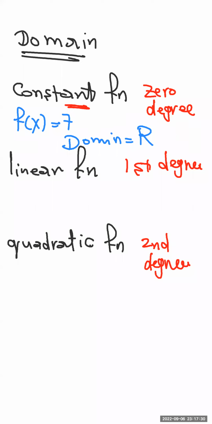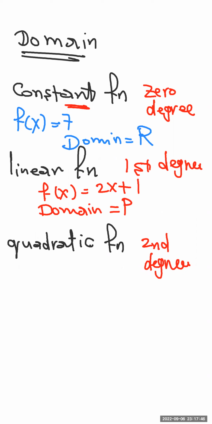The next one is the linear function like this, f of x equal to x plus 1. In this case, the domain equals real numbers.